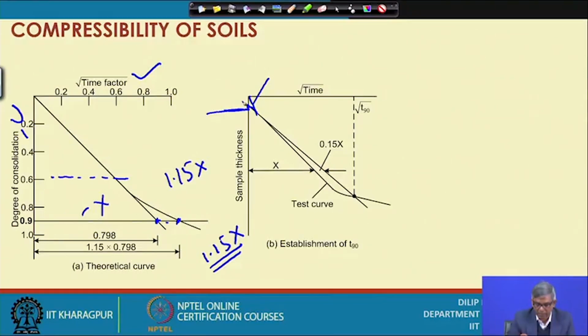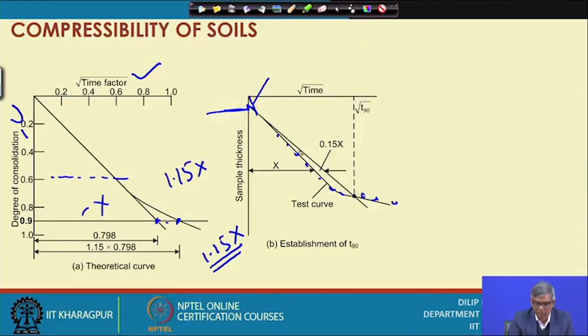And now, this curve is drawn based on whatever test data we have. After drawing the curve, since whatever observation we have made, the abscissa on the curve will be equal to 1.15 times the abscissa on the straight line.